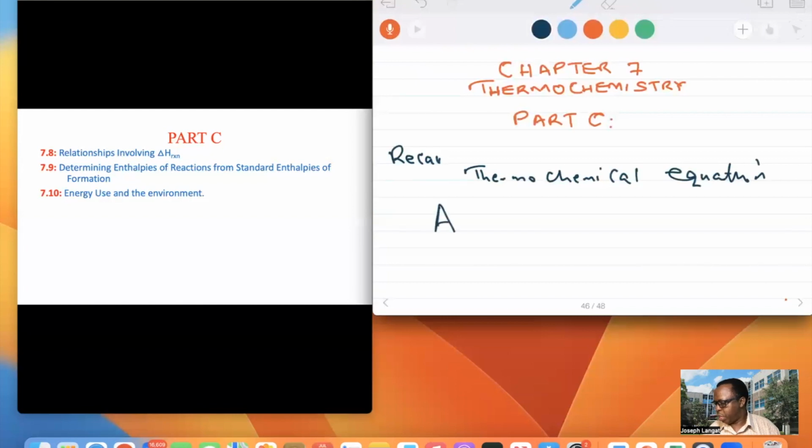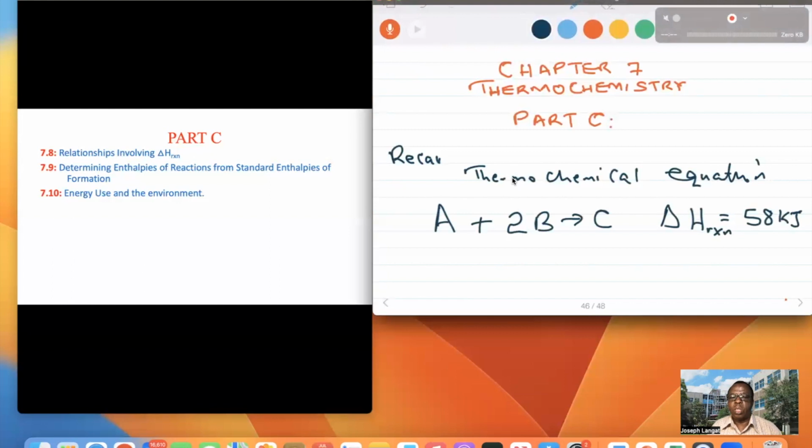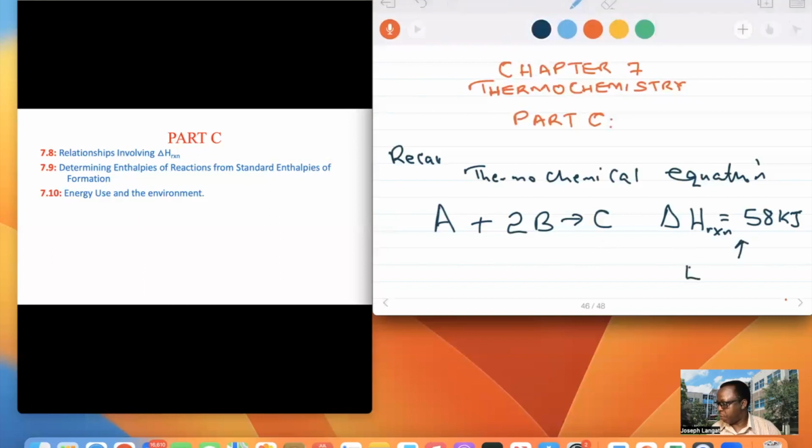This is just a generic A plus maybe 2B going to C with change in enthalpy for the reaction given, maybe just some numbers, maybe positive 58 kilojoules. And when you look at this, kilojoules means per mole, which means when 1 mole of A reacts with 2 moles of B, this is the amount of energy we need. This is endothermic. If it is positive, we say endothermic.